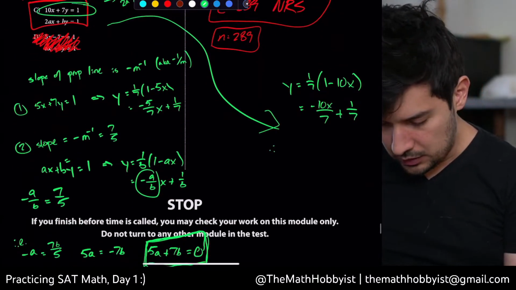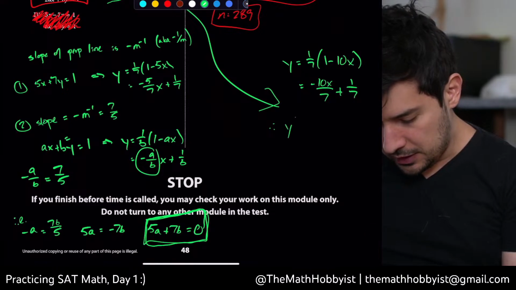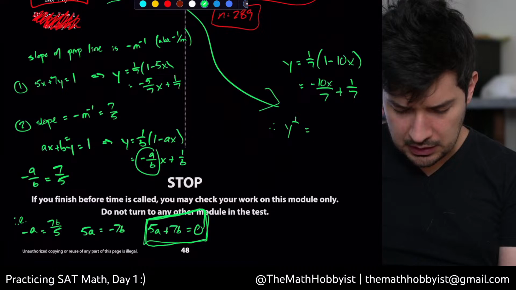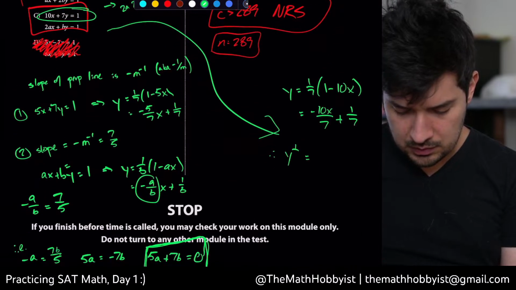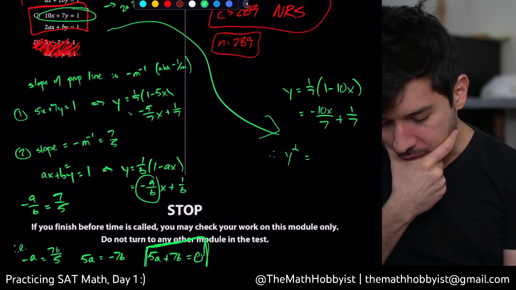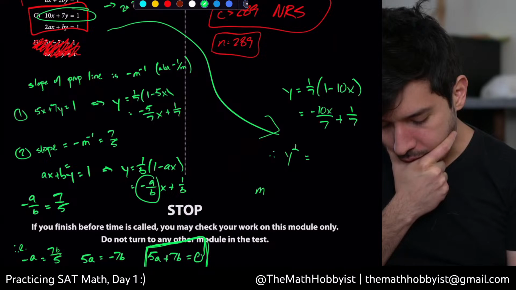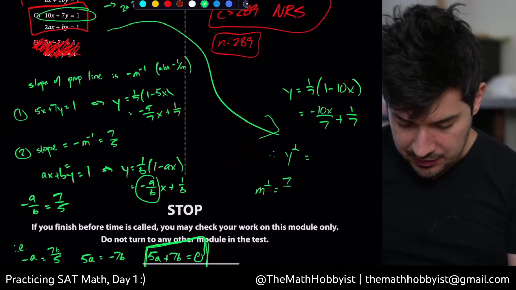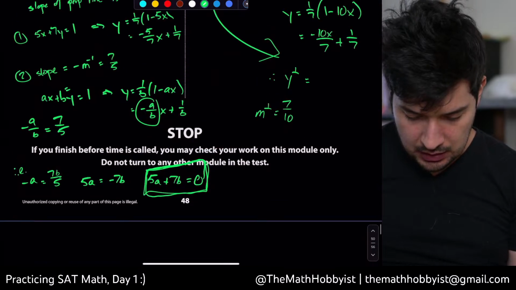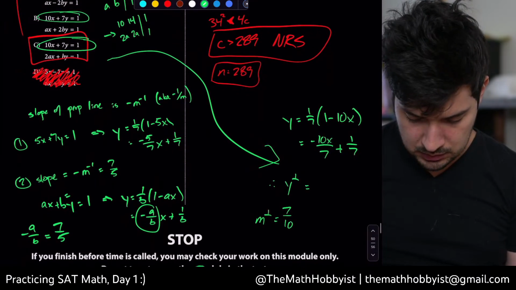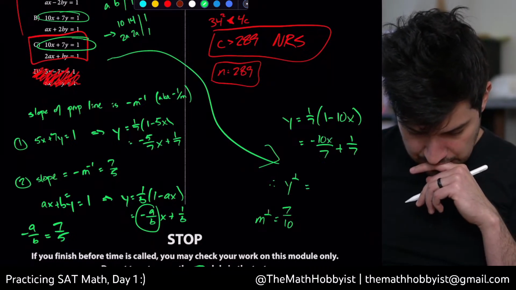Then therefore, the slope of the perpendicular line, I think that you draw a perpendicular line like that, is going to be the negative reciprocal of that line's slope, 7/10.